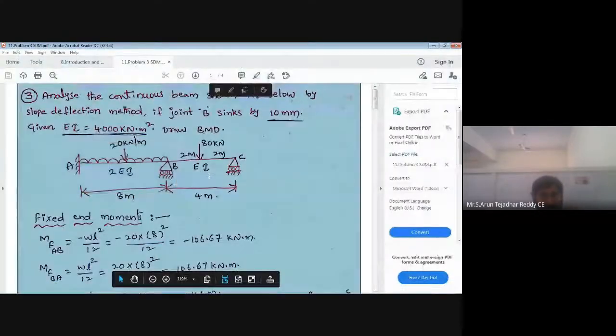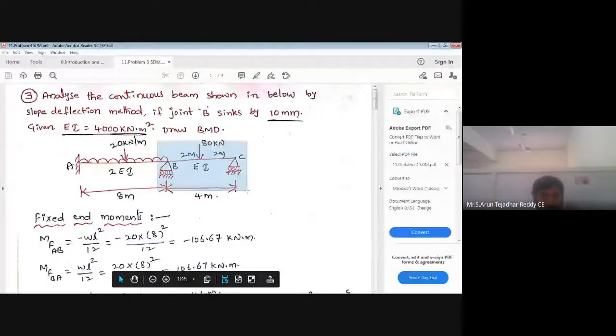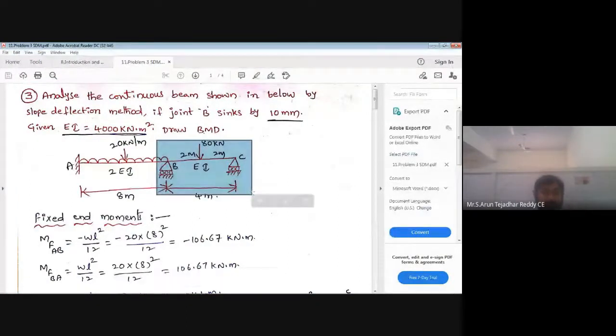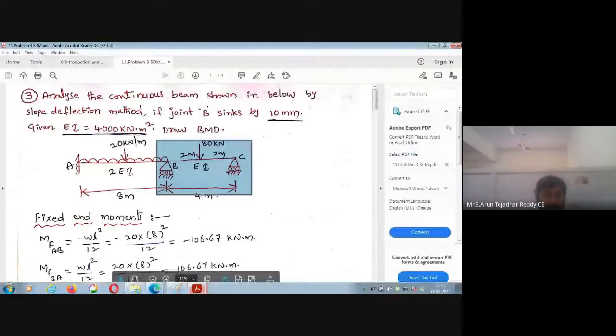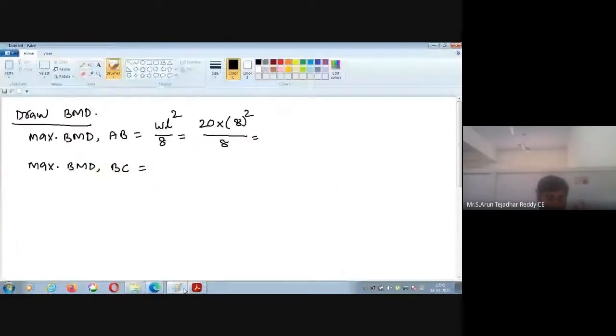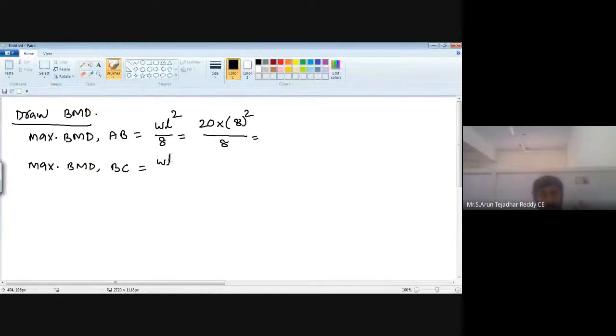Next, maximum bending moment for span BC. BC is carrying a central point load, and the load is 80 kilonewton, span is 4 meter. What is the maximum bending moment formula here? That is WL by 4.